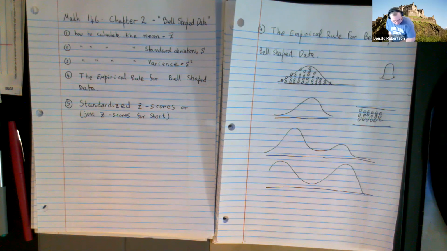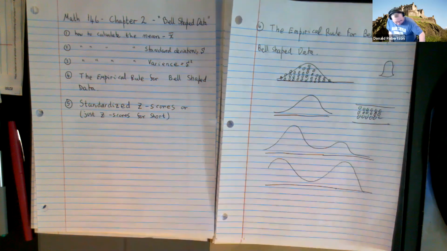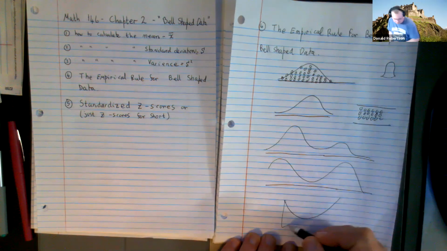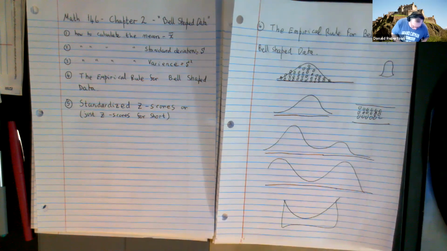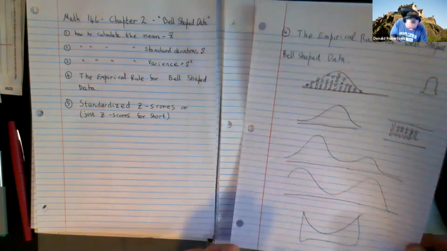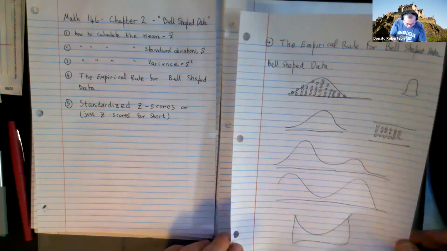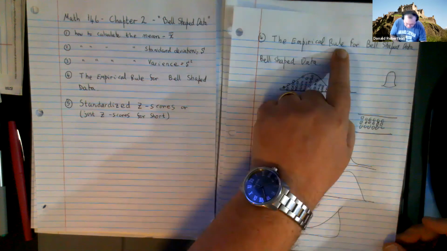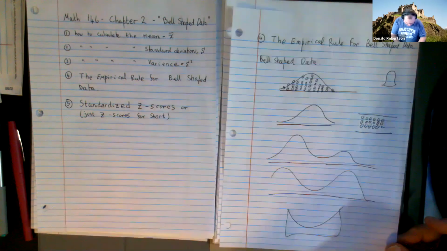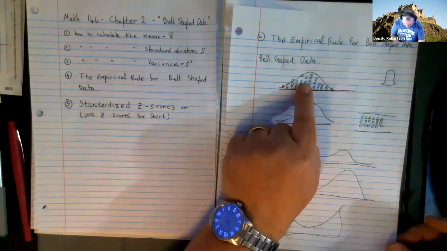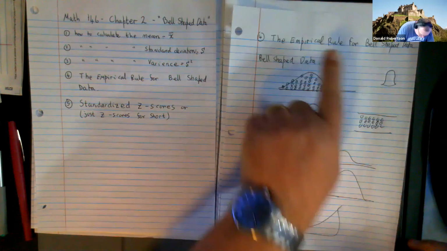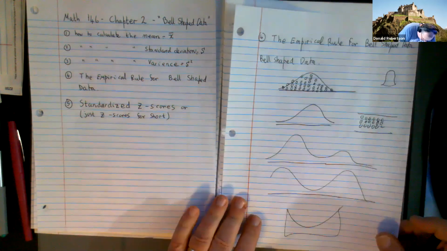If it's got 2 bumps or 10 bumps, or it ain't got a hill, or it looks like a big valley, I guess you could get data that looks like that, can't you? It doesn't count, right? And what we're about to do is use a very special rule called the empirical rule. And this empirical rule only works if it's bell-shaped data. If the data looks like this or like this or like this, this rule does not work. So let's show you what it is.